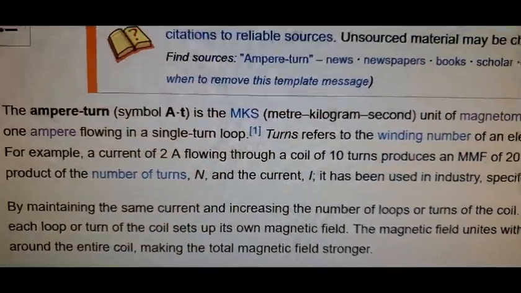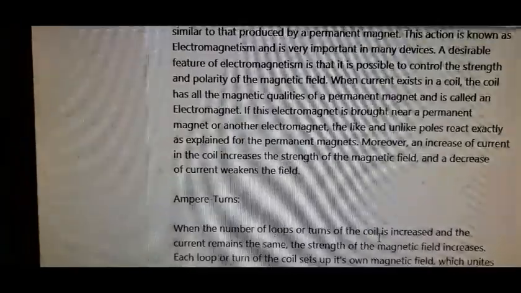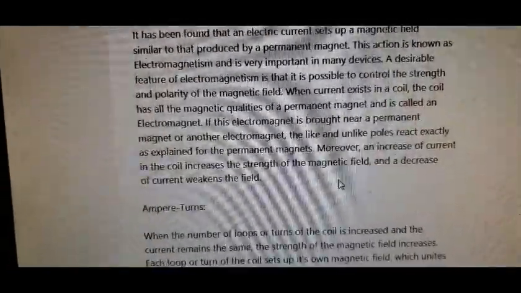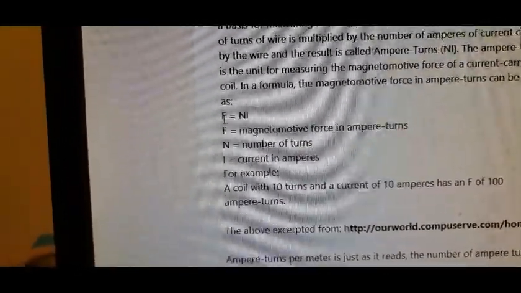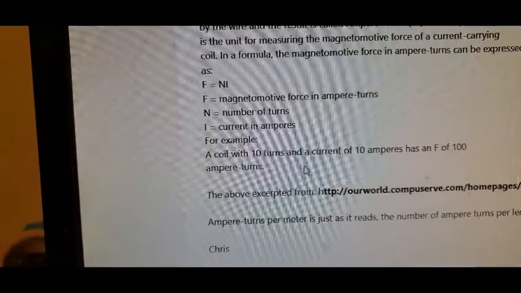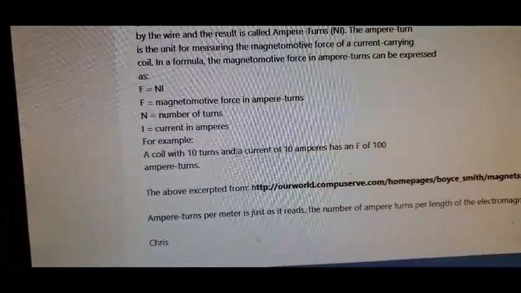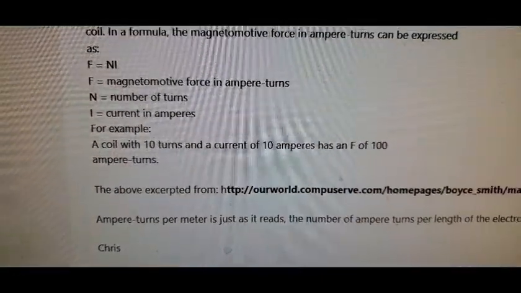Okay, and so if we go to here, someone is asking, explain amp turns. And they do the same thing. The magnetomotive force is equal to turns times amps. A current of 10 amps in 10 turns gives a magnetomotive force of 100 amp turns.